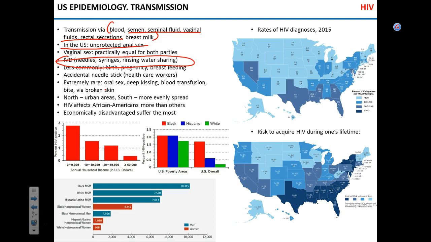Now, accidental needle stick, obviously, healthcare workers are at risk. Vertical transmission. I'm talking US. I'm not talking Africa, for instance. In the US, vertical transmission is super rare. Pregnant women and breastfeeding women can get HIV therapy. It basically protects the baby.